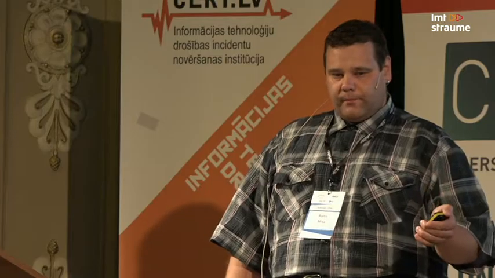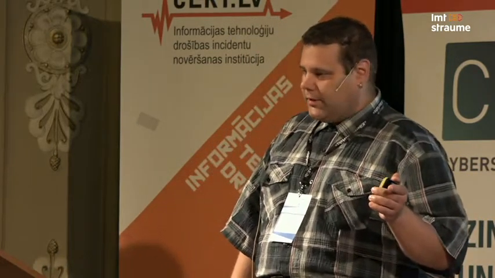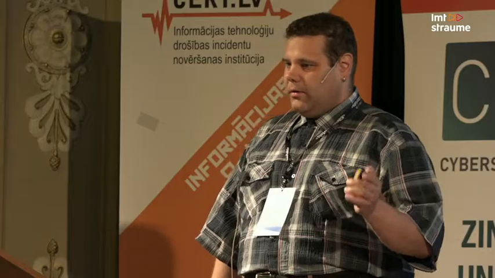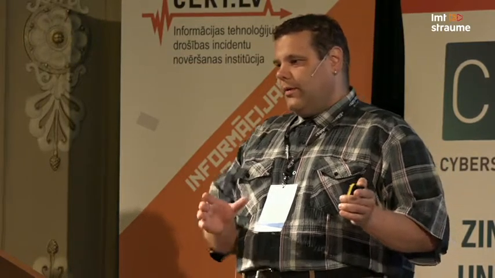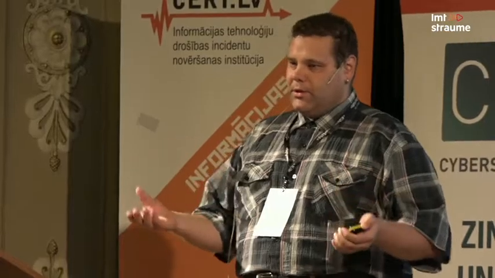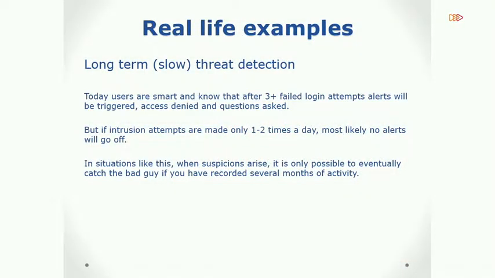And about long-term slow threats, as we call it, it's again a real life example. One of the company's employees was trying to access the company's accounting system. But he was clever. He knew that if he tried to do it frequently, something would trigger, some alarms would go off, and he would eventually be caught. Knowing that, he tried to access it by trial and error once or twice a day, but for a long time.